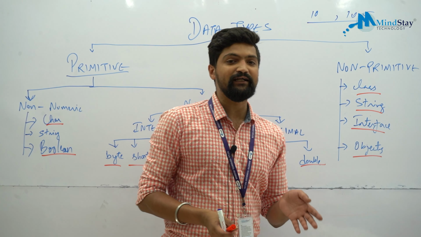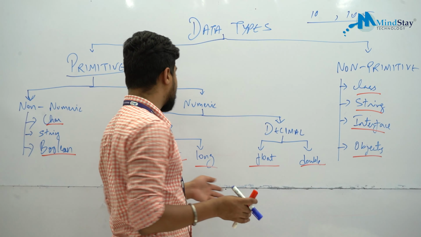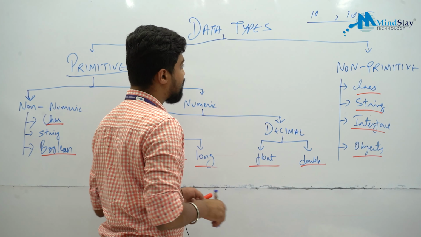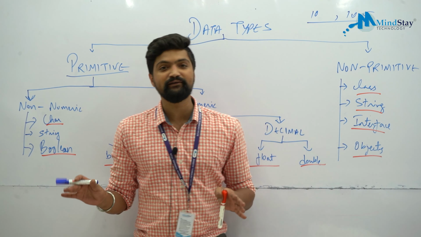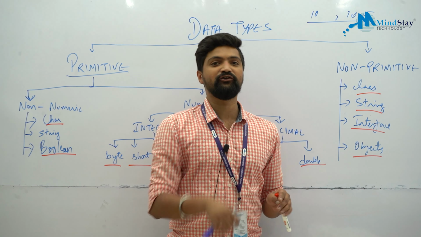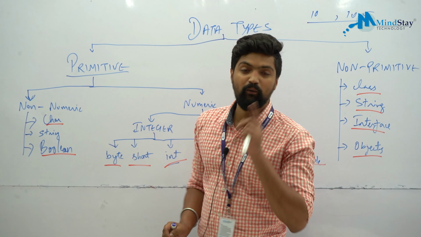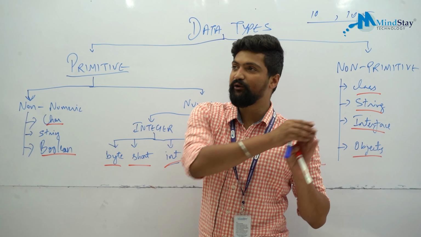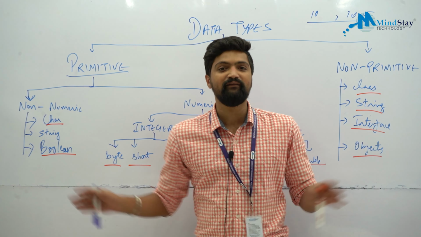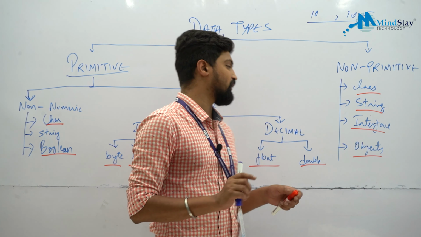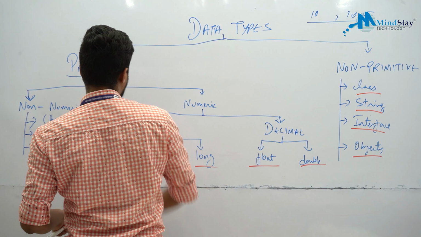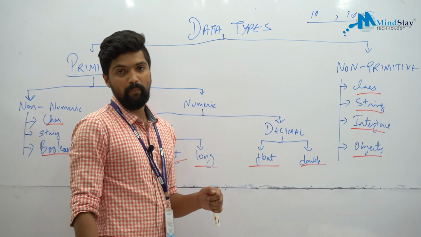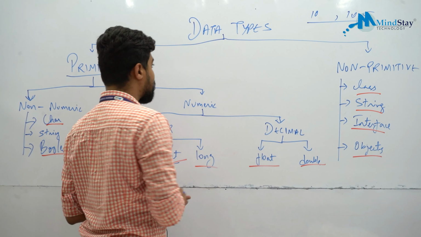String takes in an entire sentence, or multiple characters together. Here you can just take one character, but in string you can take words, sentences and many things. I hope this is clear to you until now.